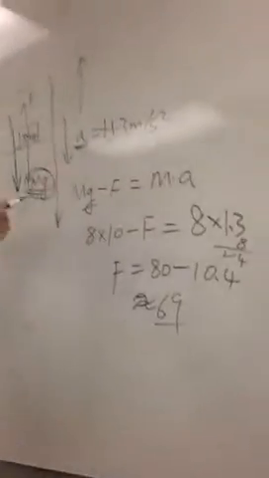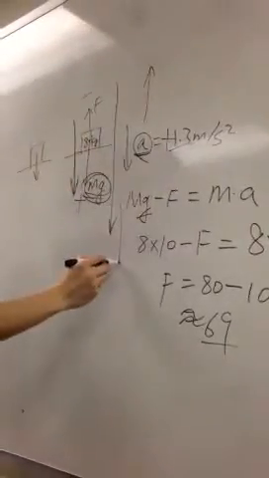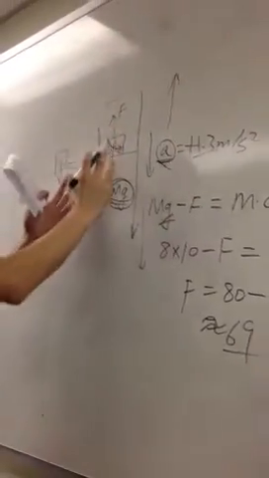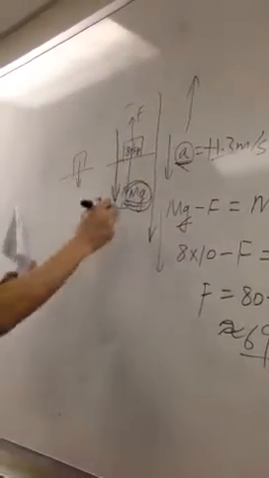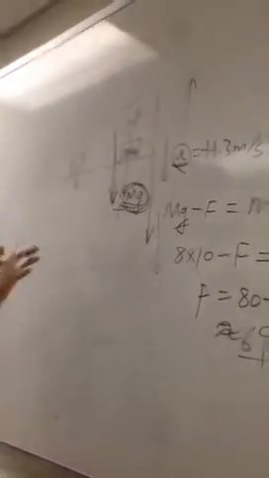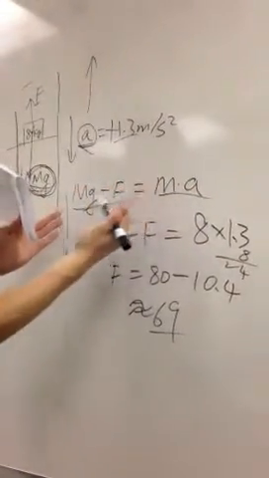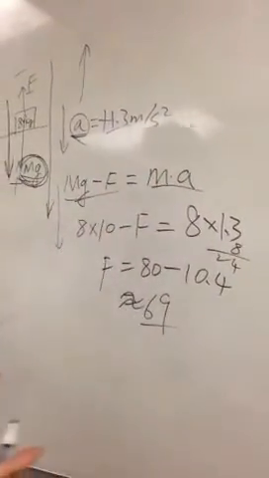So here we know A is downward. Here the total force is downward, which means mg is greater than F. So if you take positive, here is positive, you can calculate.